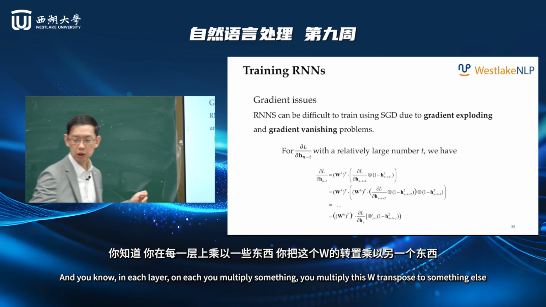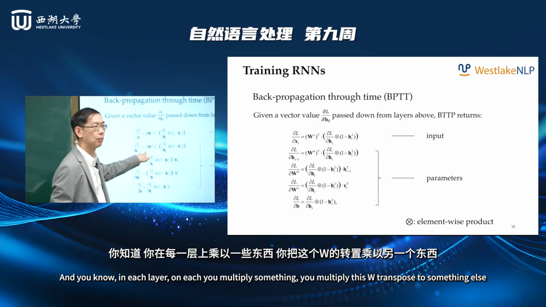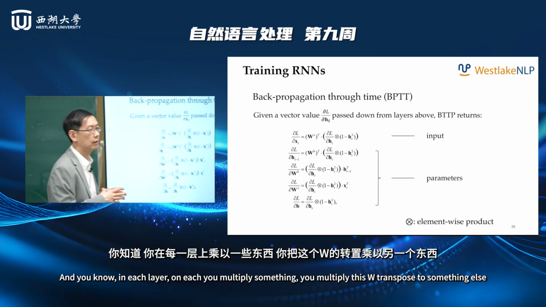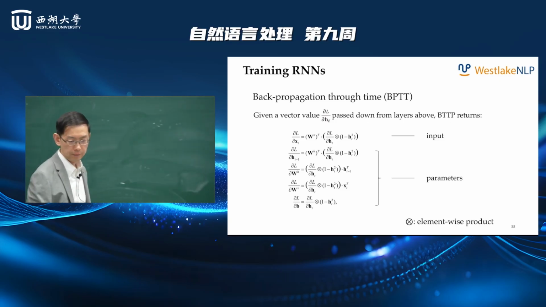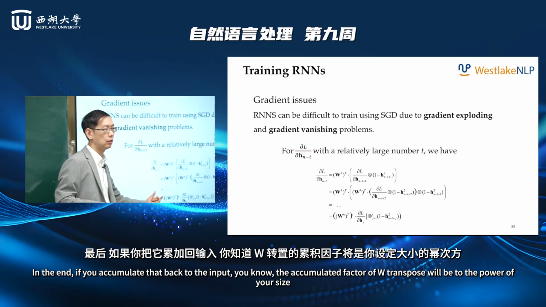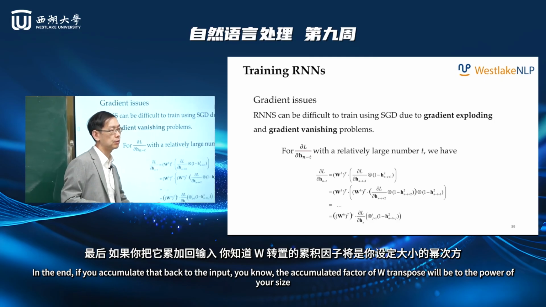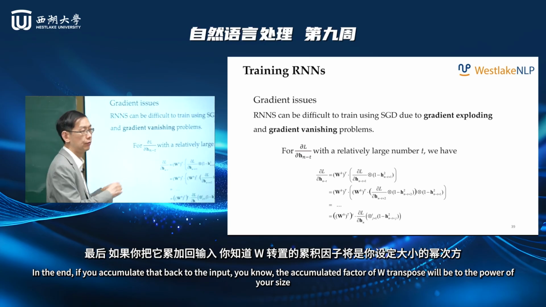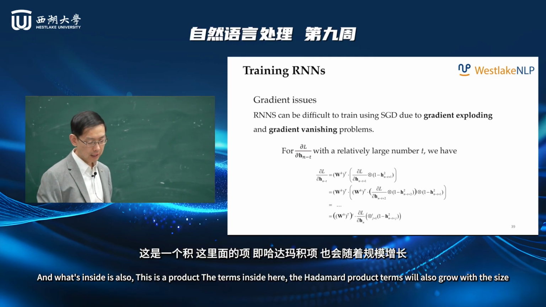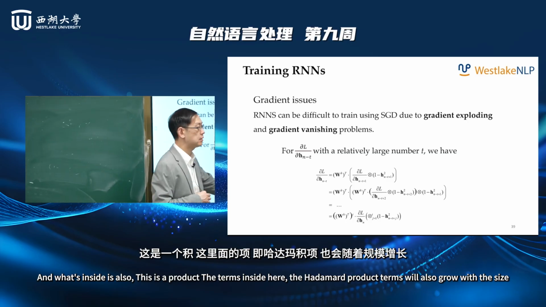And in each layer on H, you multiply something, right? You multiply this W transpose to something else, okay? And in the end, if you accumulate that back to the input, the accumulated factor of W transpose will be to the power of your size. And what's inside is also a product.